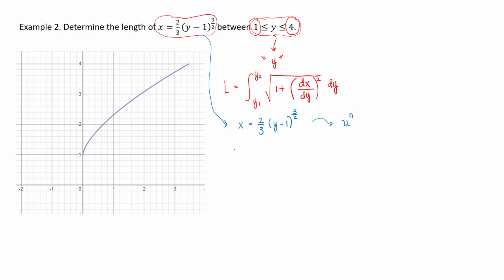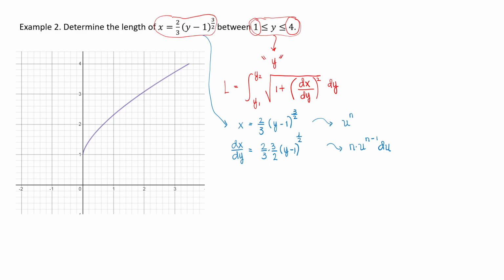Alright, so the derivative dx over dy, the derivative of x with respect to y, is equal to 2/3. This is going to be n times u to the power of n minus 1 du. So again, basic process of differentiation: 2/3, bring down the exponent, times 3/2 times (y minus 1) to the power of 3/2 minus 1, which is 1/2.